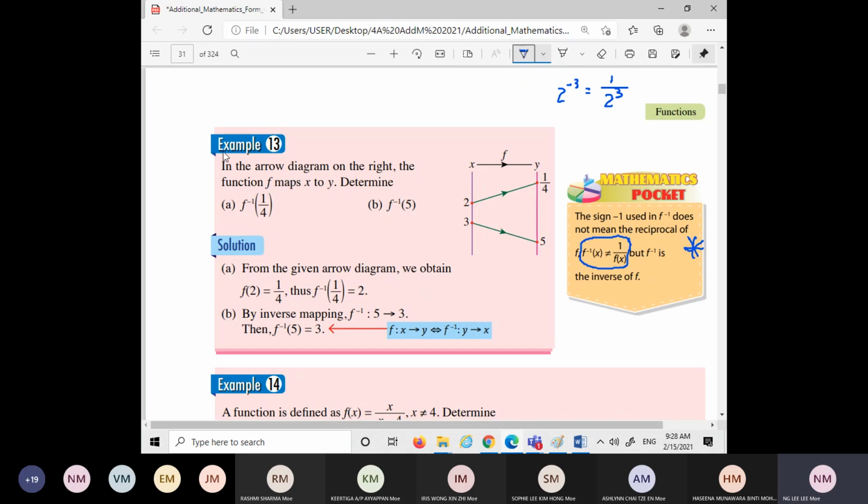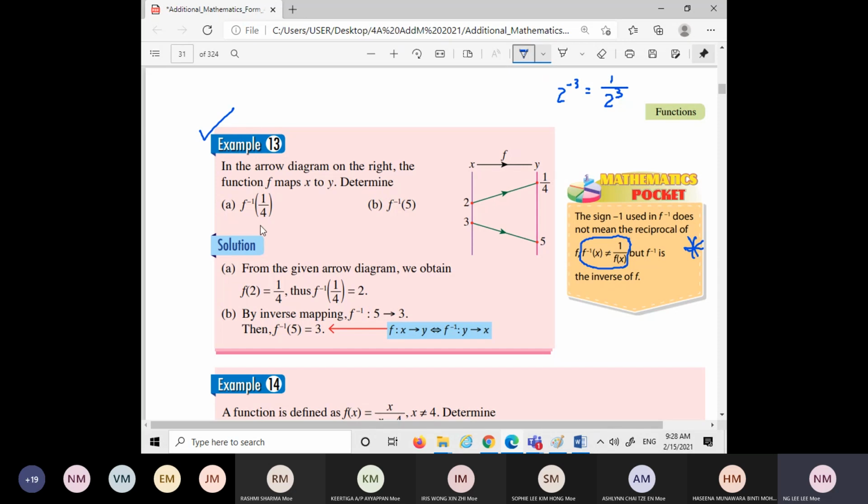Now we look at this example. This function f maps x to y, so x is the object and y is the image.